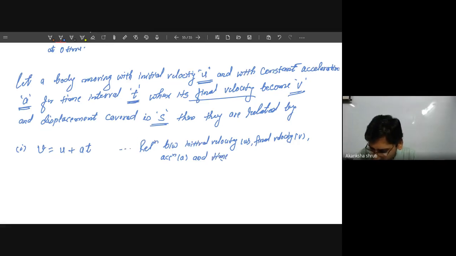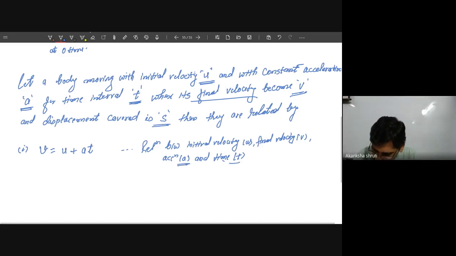So observe carefully, it is correlating only these four quantities: u, v, a and t. Okay students, so this is the first relation that you have to keep in mind.